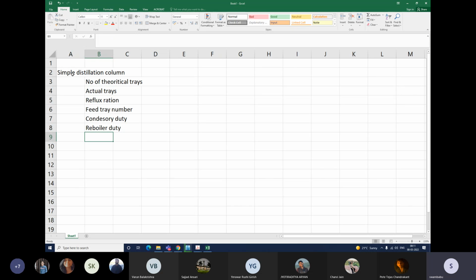So actually, if you have a simple binary system, it doesn't look complicated. We might just say I'm able to calculate easily by hand. Why do we use this complex software?